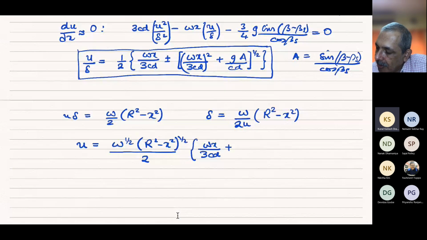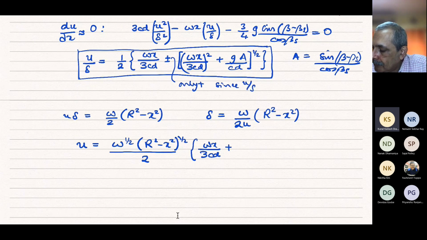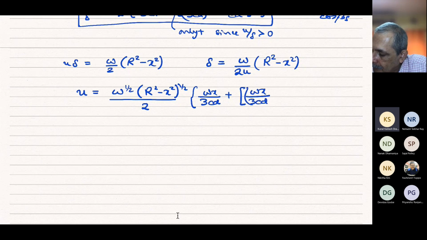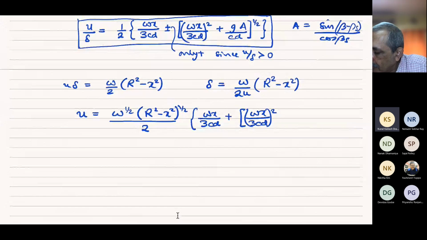Here I had put plus or minus, but since u by delta has to be positive, you can't have the minus sign. So you must use only the plus sign, because you must have u by delta always positive. So that's why there's always the plus sign. I'm just doing a little bit of algebra.